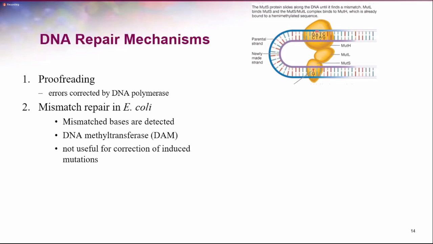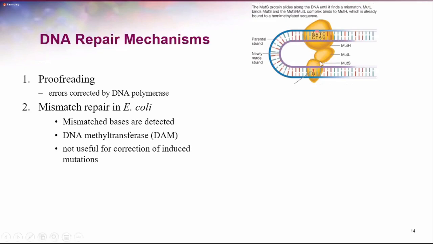It makes no sense for a cell to come back and remove the base from the template and place an A against it in this case, and that would be a stably inherited mutation, right? We want to remove the T and replace it with the C, because here we know that this is a parental strand and this inner strand is the newly synthesized strand. But how does the cell know that, right? How does the cell keep track of it?